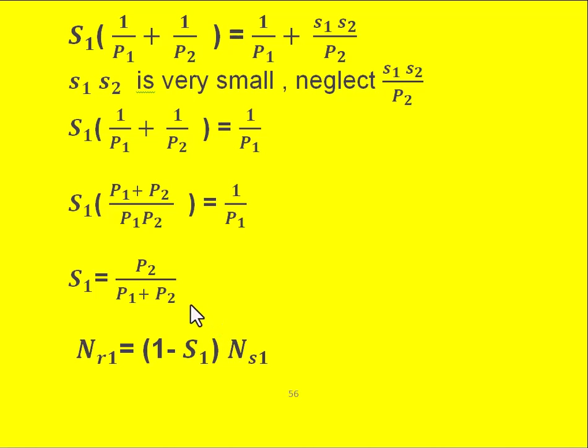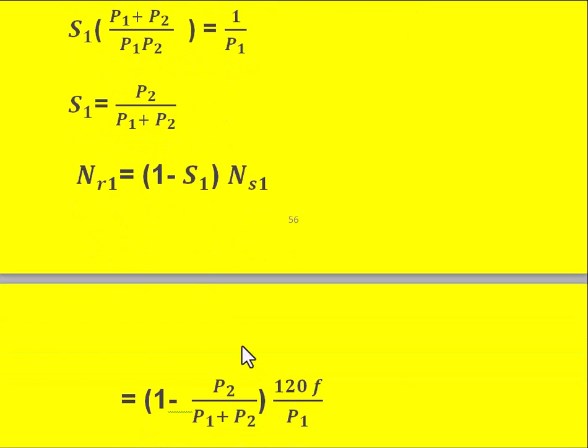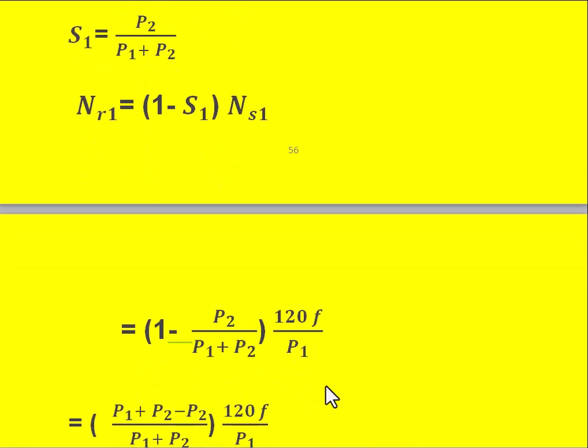Once S1 is known, NR1, that is motor 1 speed, can be written as NR1 is equal to 1 minus S1 into NS1. So S1 can be substituted like this, that is 1 minus P2 divided by P1 plus P2, and NS1 can be replaced with 120F by P1.